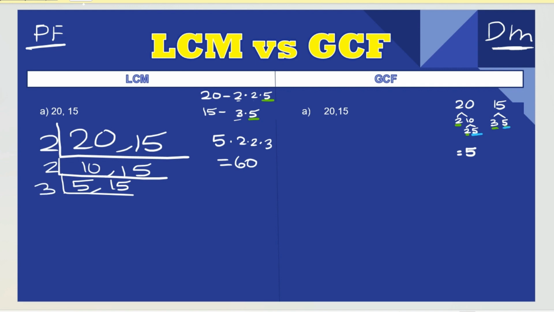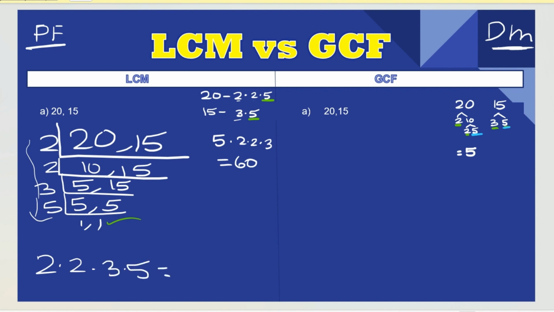Then we can divide by 3. So then it becomes 5, 5, and 1, 1. Okay, so we reached the 1 state. Now we just multiply all of these numbers. So 2 times 2 times 3 times 5. And let's just multiply, and we end up getting 60.